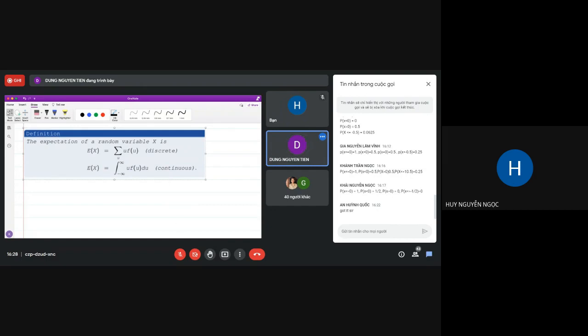By the way, there are many names for the expectation. You can call it the expected value, the mean value, or the average value.